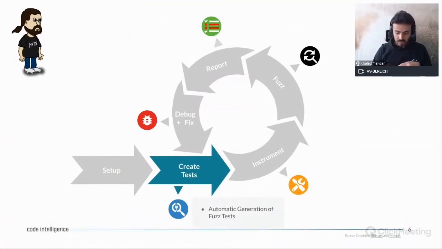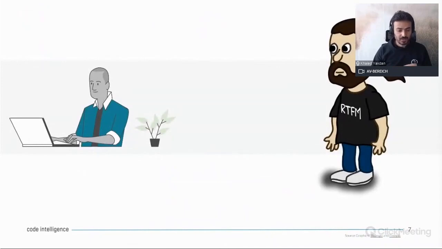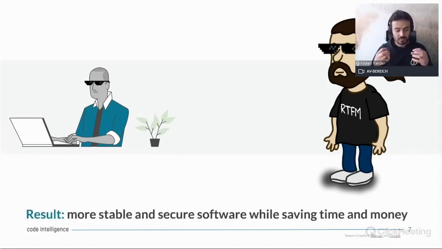And with this, Max was happy, glad that he integrated fuzzing into his development process, and Bob was also glad that he was able to provide fuzzing on a system level. The net effect is that with fuzzing, you have more reliable, stable and secure software, while you save both time and money.